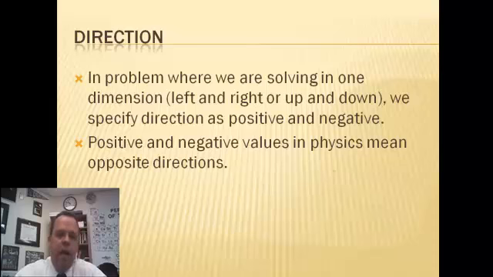Or if we have things moving up and down, we'll make one direction positive, one direction negative. It does not matter which way you choose to make positive and which way you choose to make negative. It makes absolutely no difference as long as you are consistent within a given problem. You can change it the next time you do a problem to something that makes more sense to you in the next problem. But each time you must specify which way is positive and which way is negative.